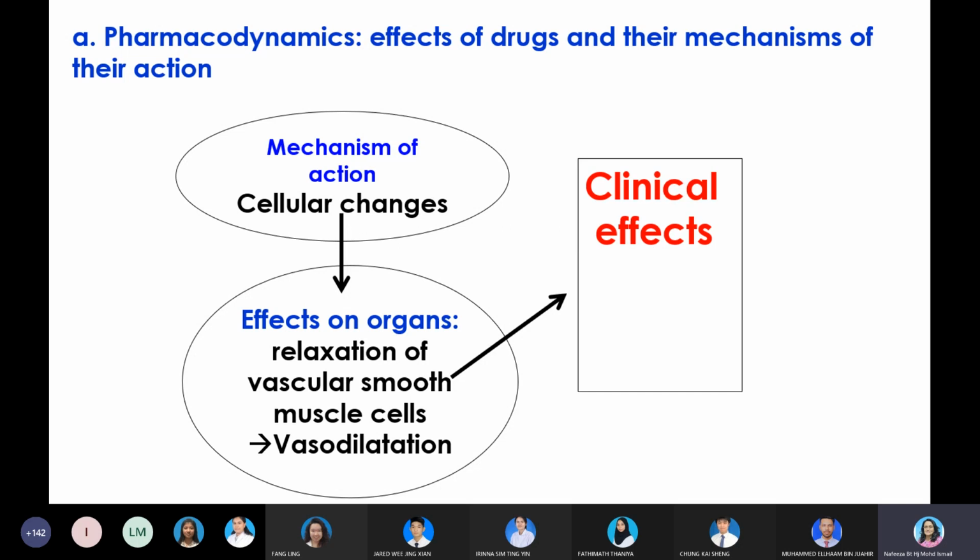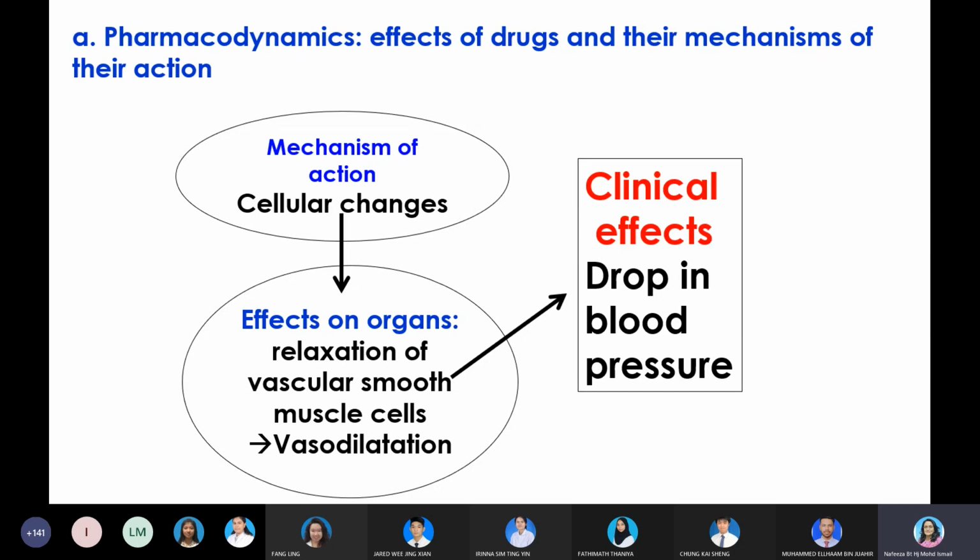And when do you want vasodilation? When you want to have a drop in blood pressure. All right. If the patient is hypertensive, you want to have a drop in blood pressure. So this is just one example that I'm giving you. All right. So mechanism of action, again, cellular changes, gives rise to effects on organs.